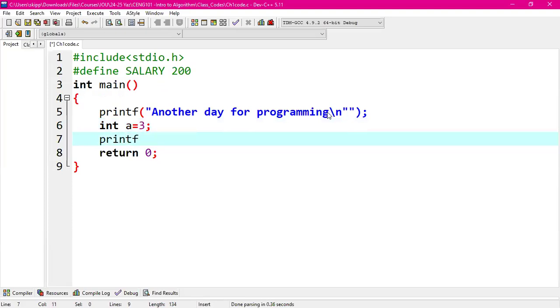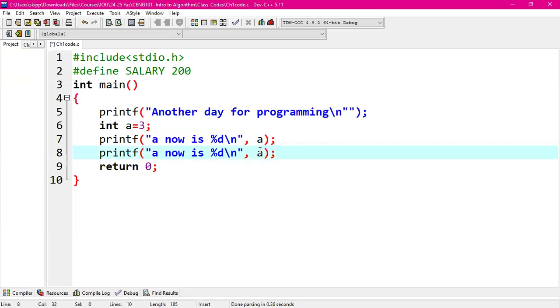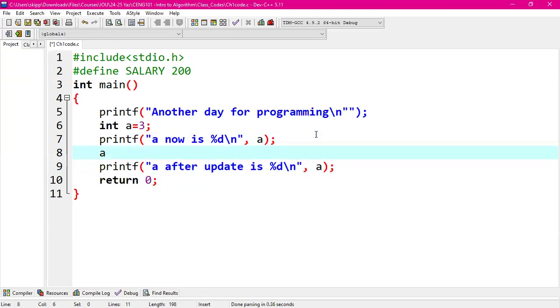Then we can printf "A now is %d\n", a. So we can print the current value of a, and then we can say "A after update is" this. So let's now say a plus equal 4.